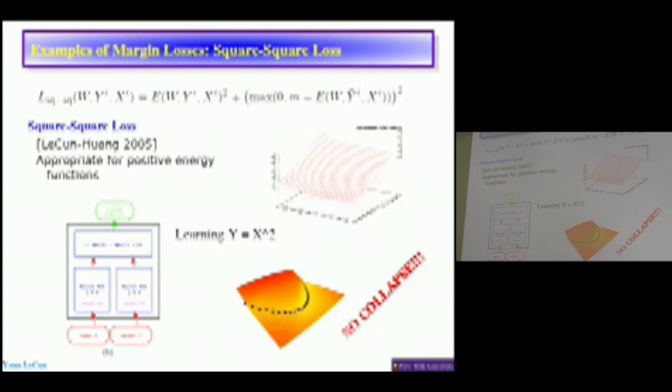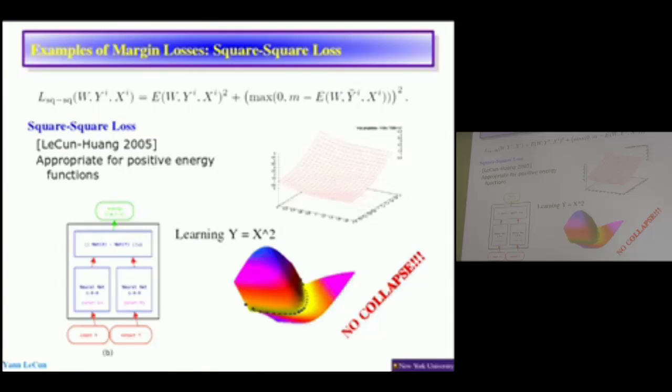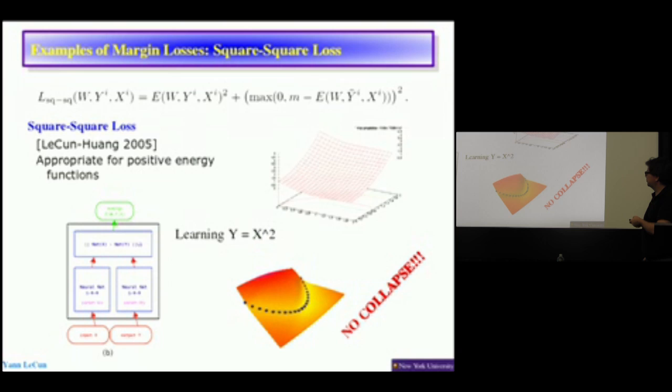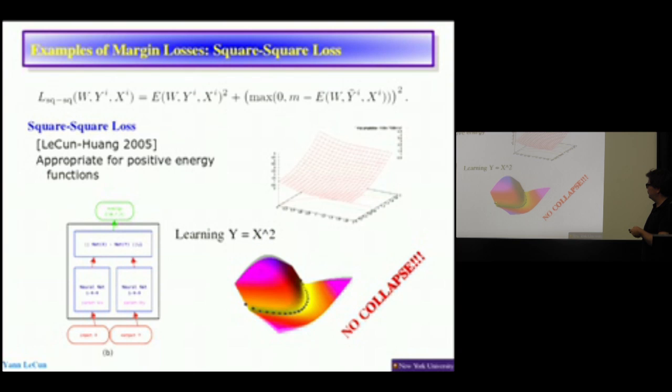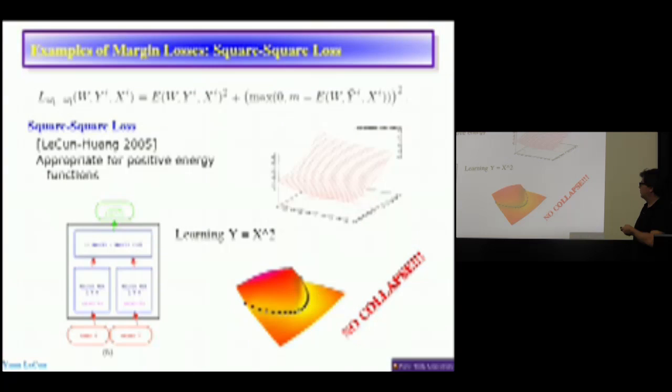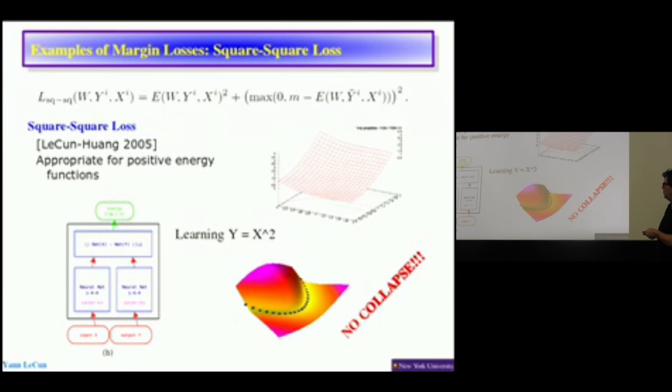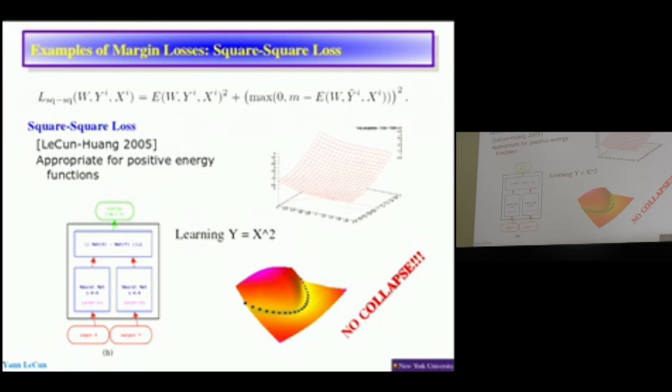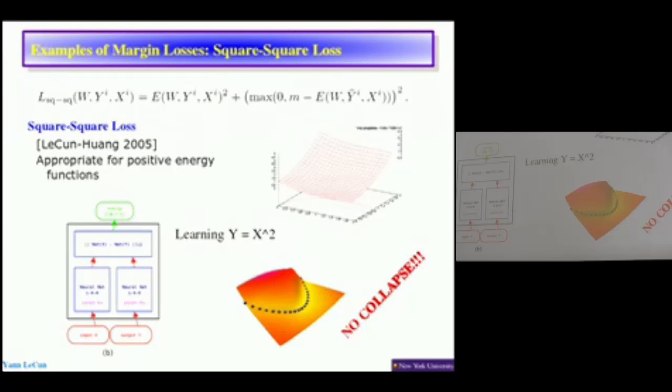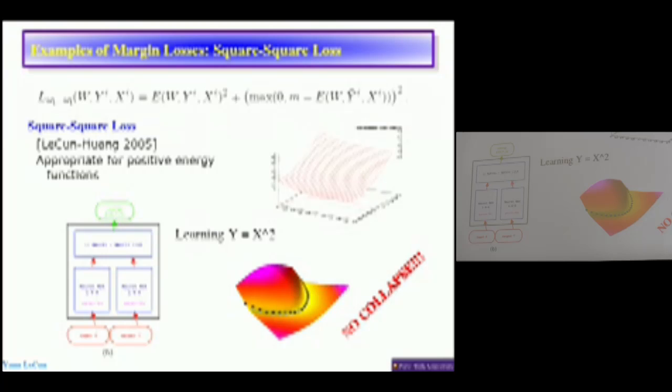And as it proceeds, the function takes the right shape. Okay, so this is the same example that I showed earlier, where you could have a collapse if you just minimize the average energy of the blue beads. But here I'm pushing up also on the energy of points that are outside. So it does the right thing. So the contrastive term here does that. It pushes up on the energy of things outside the data.